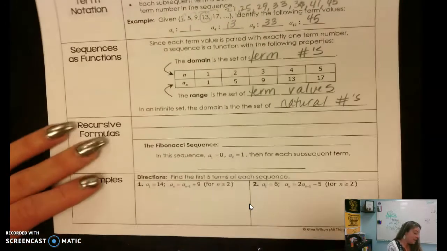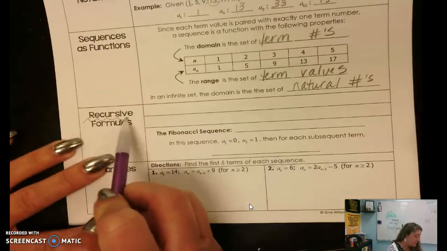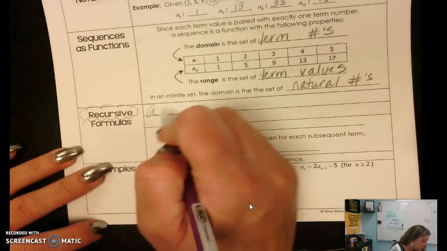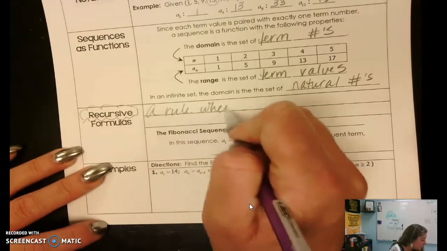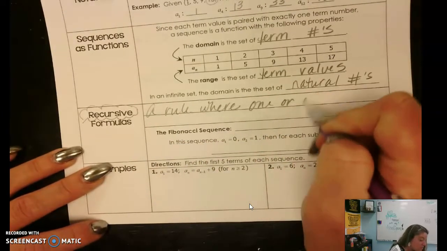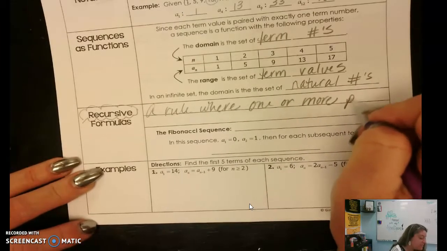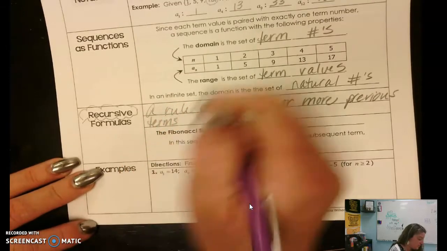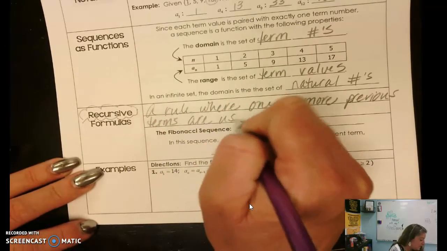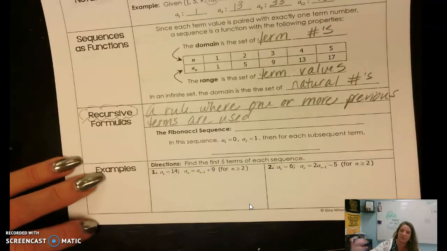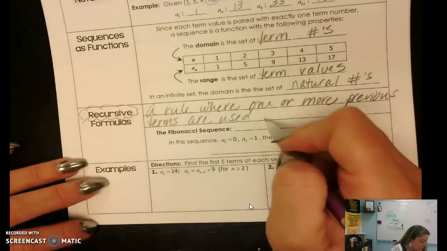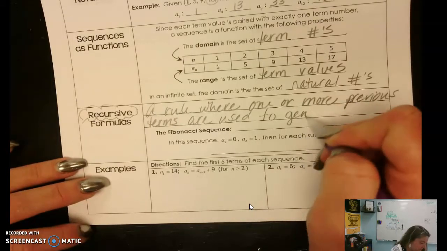A recursive formula is a rule where one or more of the previous terms are used, and they're used to generate the next term. So a recursive formula is where you might use one or more of the previous terms to generate the next term.